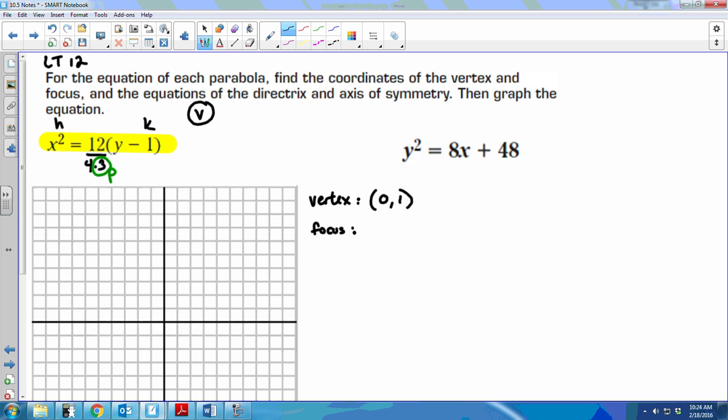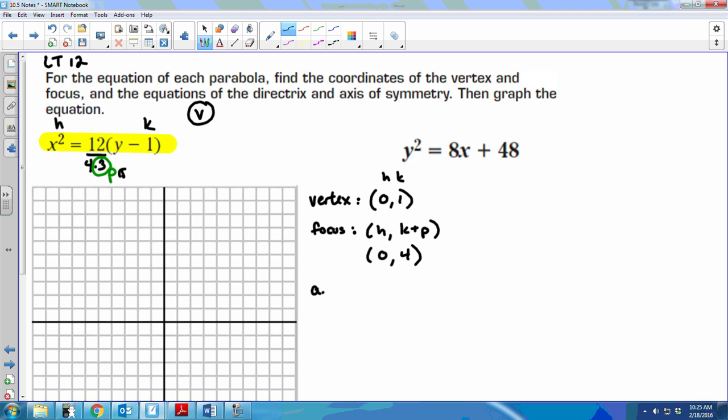For the focus, you have H, K plus P. Well, we already have H and K. We already know what P is. The focus should be at 0, well, it's 1 plus 3, 4. Questions about that?